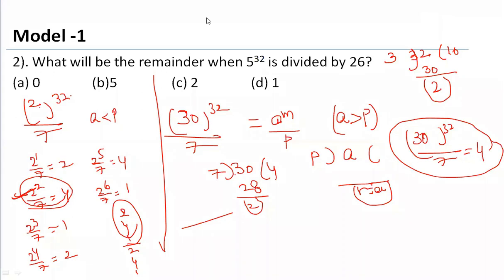You check after how many powers of 2 divided by 7 the remainders are going to get repeated. Based on that, you divide the power of 2 by the cyclicity, and depending upon the remainder, you choose that particular value to answer the question, guys.